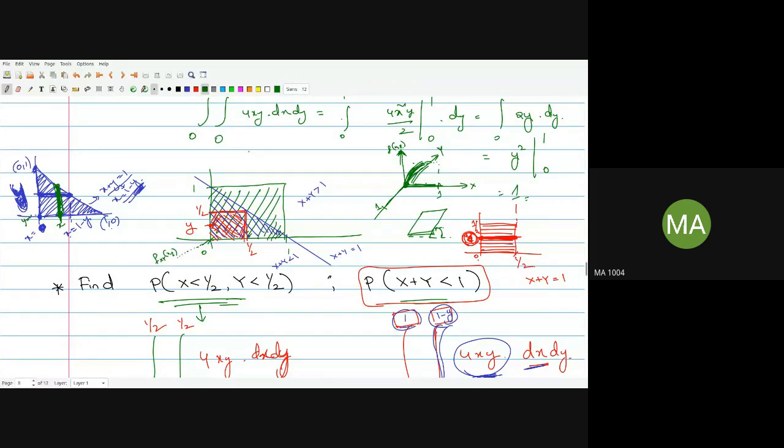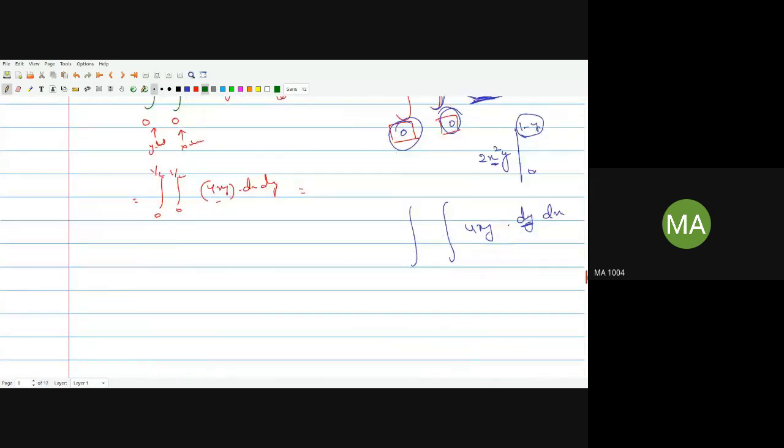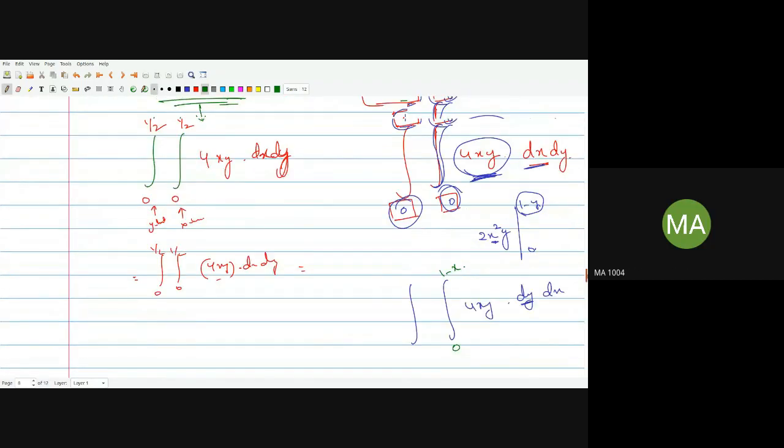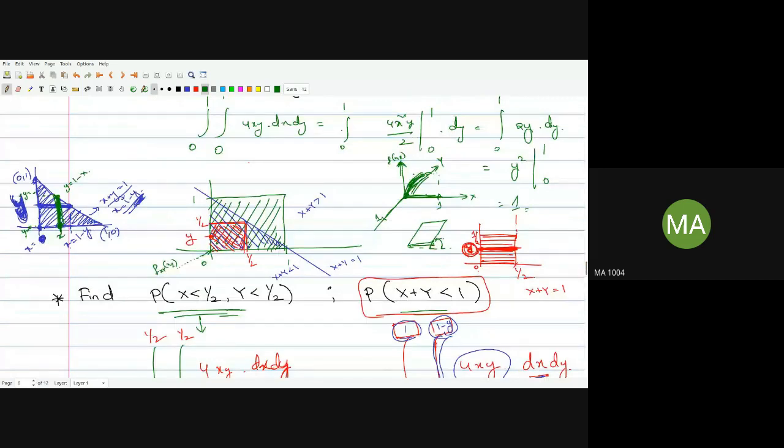So from y equals 0 to y equals something, and that something is nothing but y equals 1 minus x. So the y limits are from 0 to 1 minus x. Then x is free to move from 0 to 1.